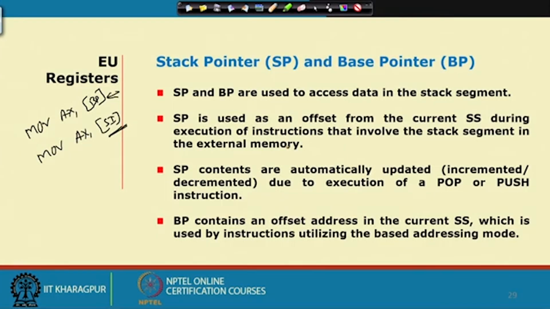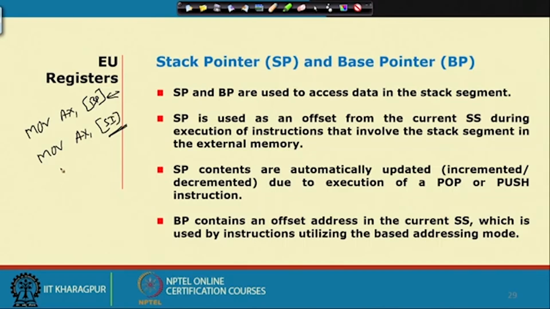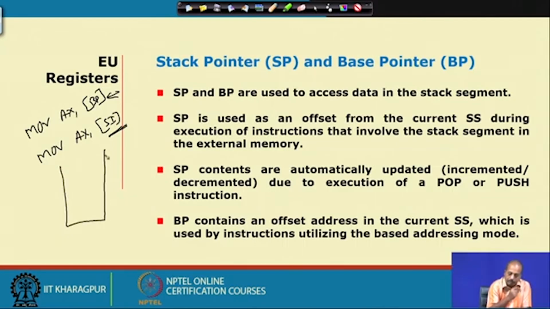When you do a pop, the stack pointer is incremented; when you do a push, the stack pointer is decremented. The SS register will be pointing to the bottom of this memory where the stack will be made, and as you do a push operation, the stack pointer is decremented.